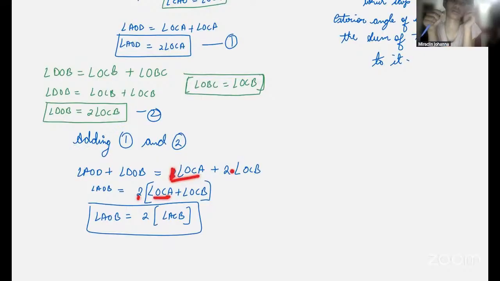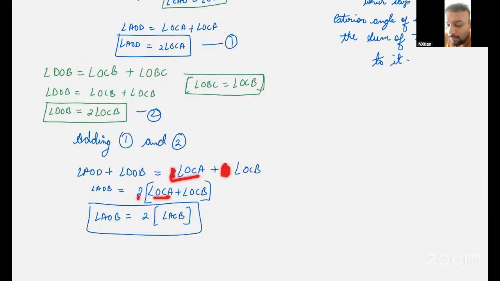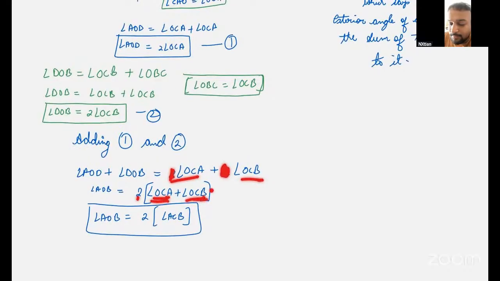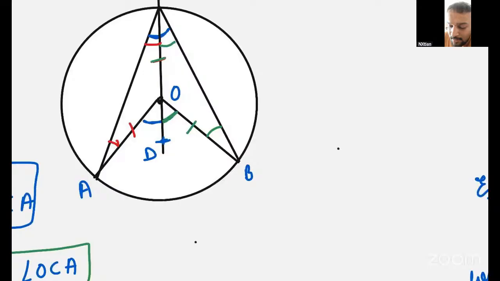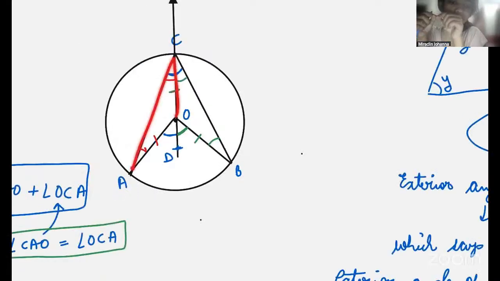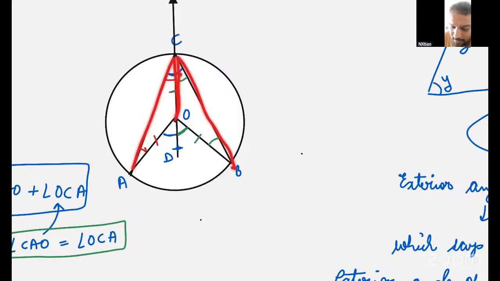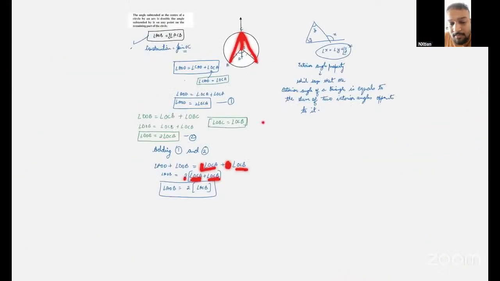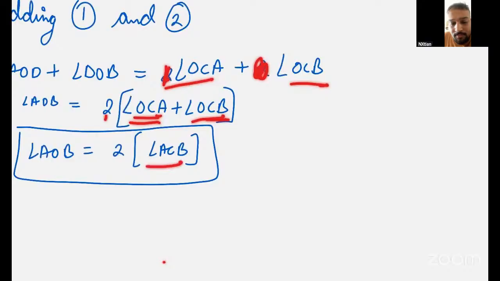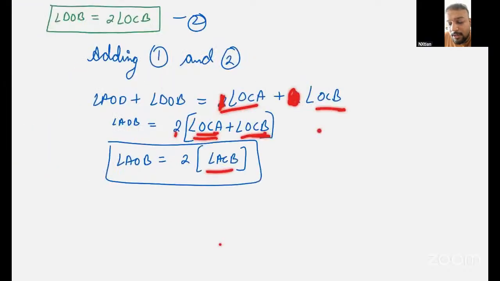From this, 2 is outside, so OCB remains, so I wrote OCB. Now OCA plus OCB means they both are added up, so it will become the full angle ACB. So I wrote ACB here. This is the ACB. Got it? Got it.